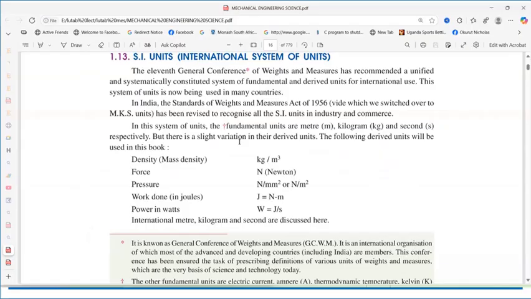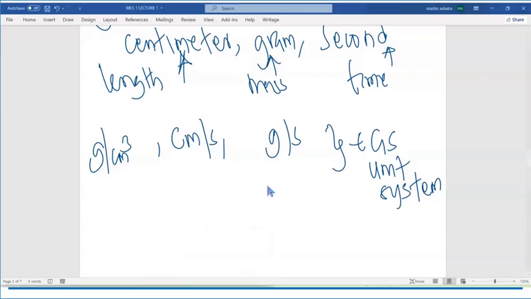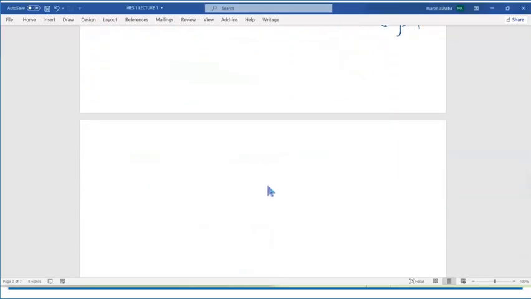Good. So we also have what we call FPS, which stands for feet, pounds, and seconds. Let me write here. The third one is the FPS unit system.